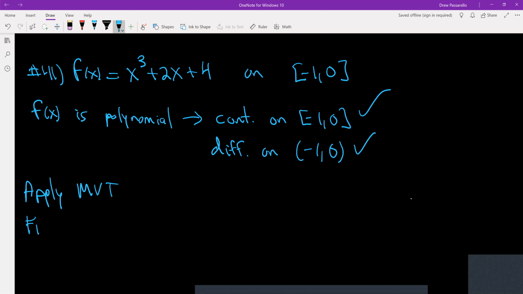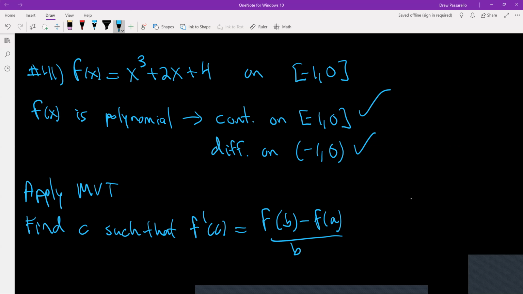So we need to find C such that f prime of C equals f of B minus f of A over B minus A. All right, and A and B in this case are -1 and 0.